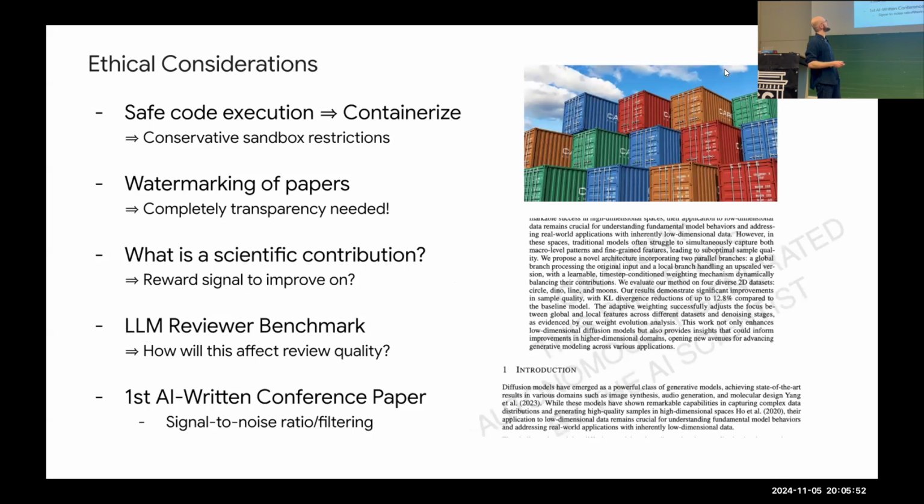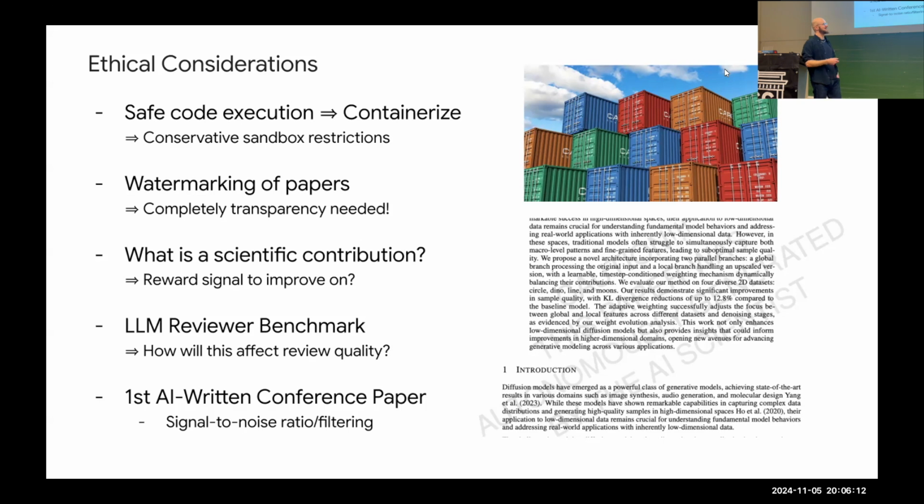Okay, so again, just to wrap up, this is probably one of the most important slides of this talk. There are many ethical considerations when it comes to this, including safe code execution, like I told you about before, but also being crystal clear what content is AI generated and what not.